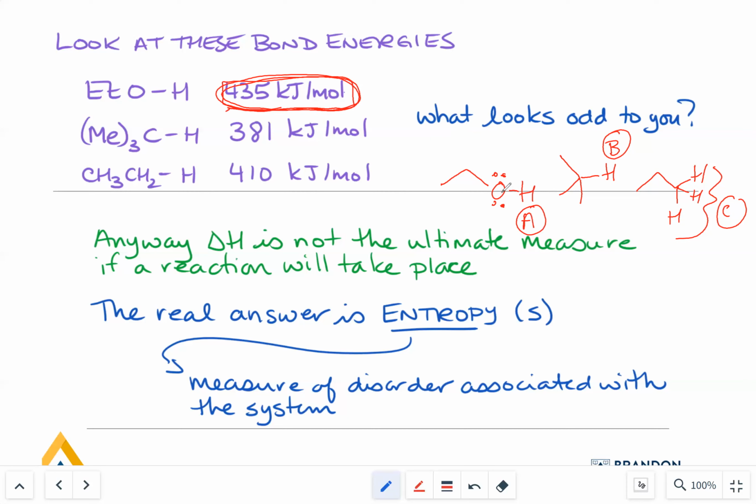It's easier to break this bond when it is the strongest bond, according to these bond energies. So A is the strongest bond, but yet it breaks the easiest. What's going on?